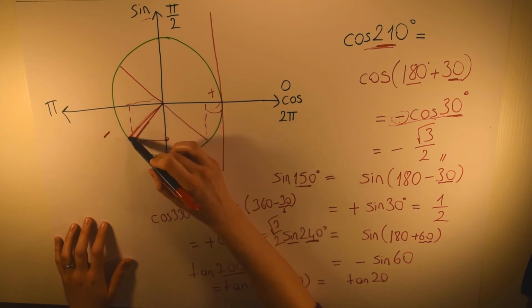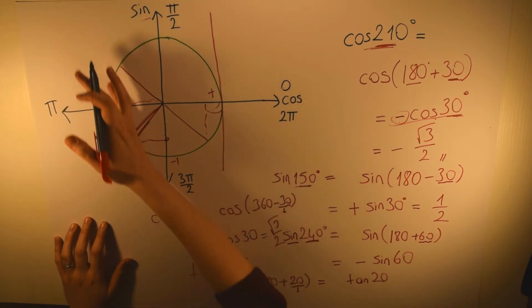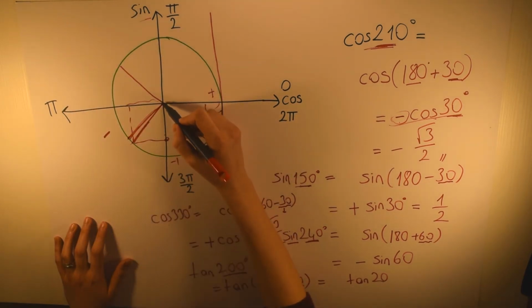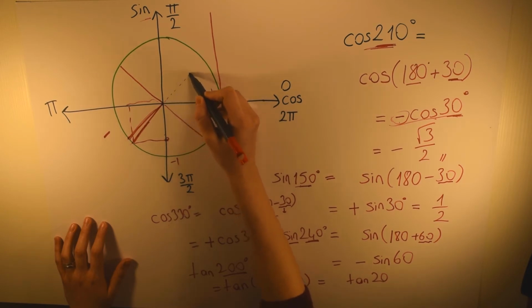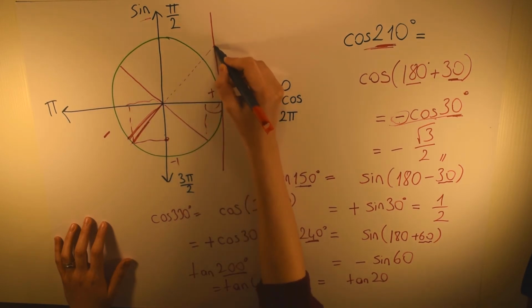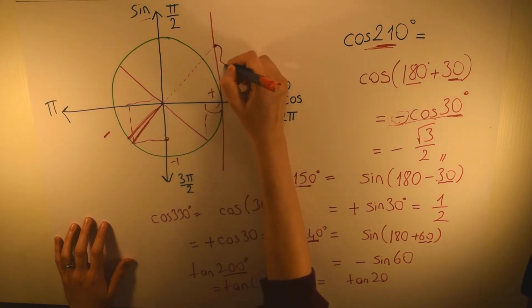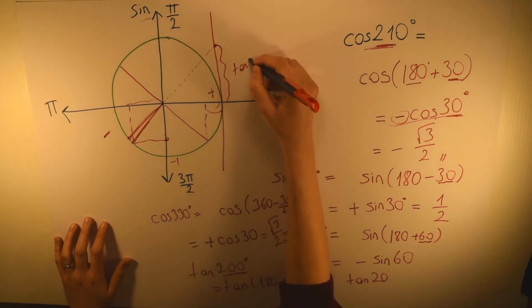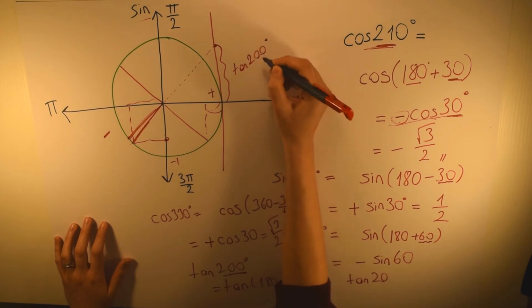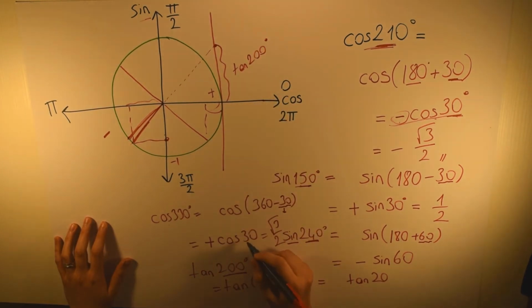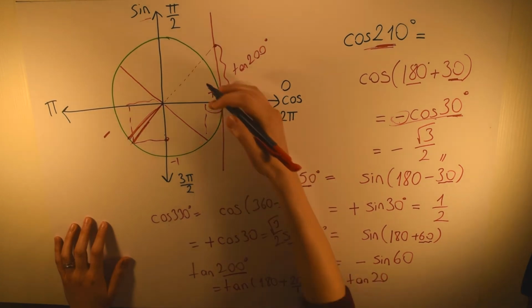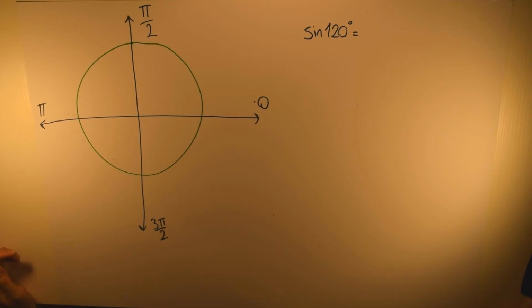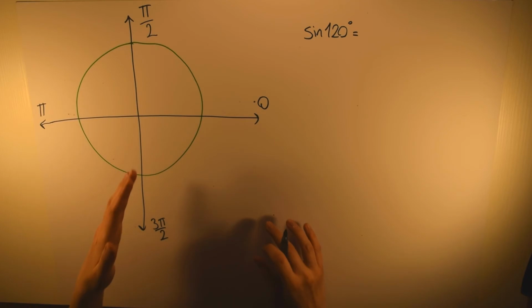But it doesn't have any point on this line. That's why we just do this, right? So from here to here, this is our tangent value. This is our tangent, actually, of 200 degrees. Okay, so is this positive or negative? It is positive. Why? Because it's on the positive side. Now let's do it based on our vertical line.